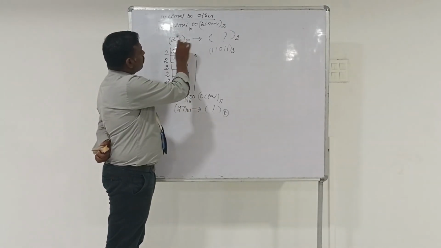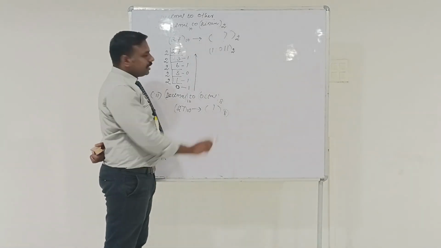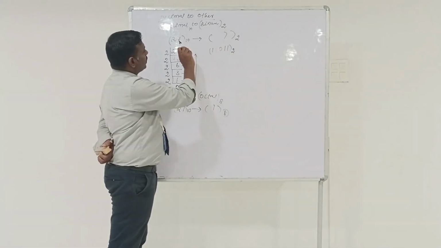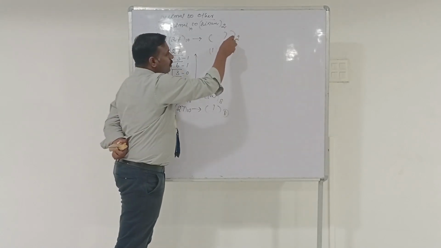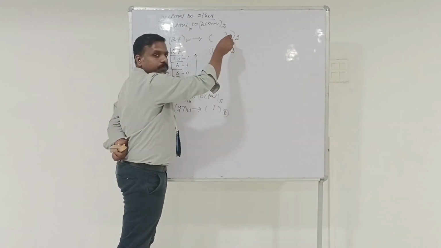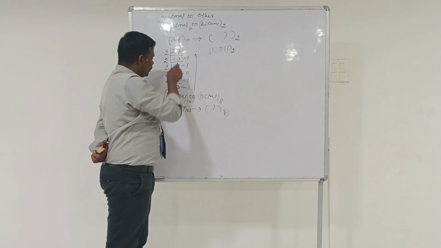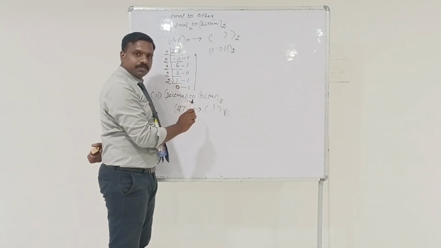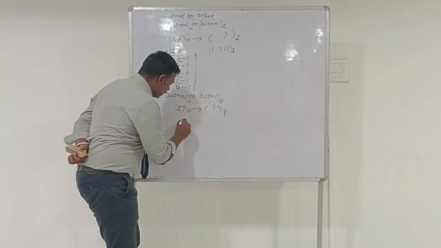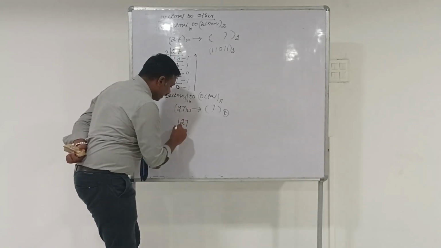Earlier I did decimal to binary conversion. In decimal to binary conversion, the decimal value is converted into binary form. The base value of the binary form is 2, so I divided the value by 2. Here, in decimal to octal conversion, I have to divide the value by 8.